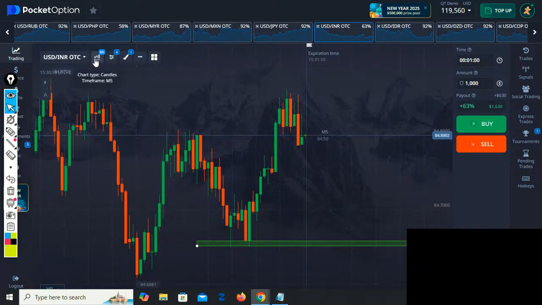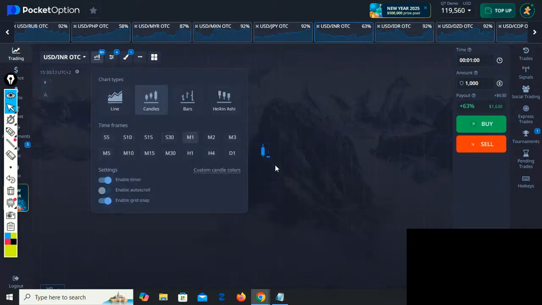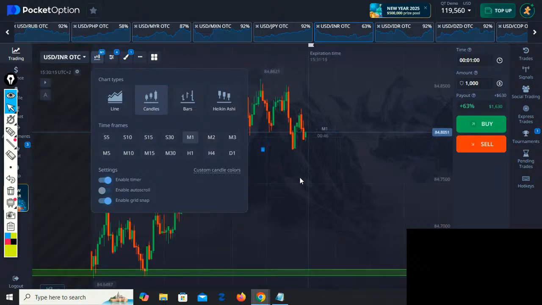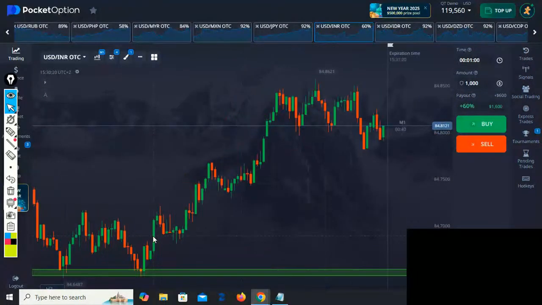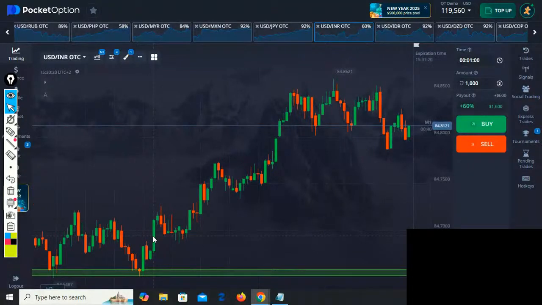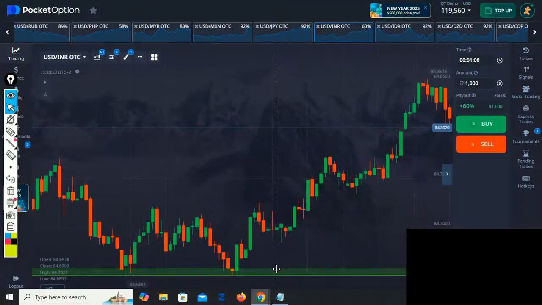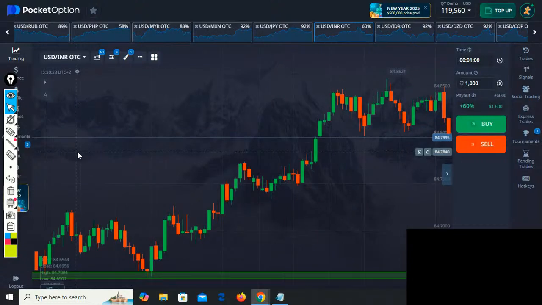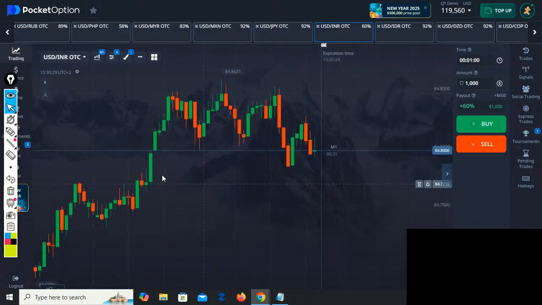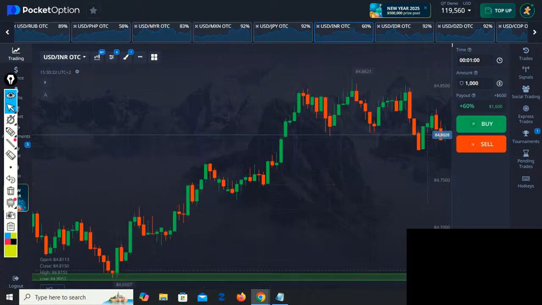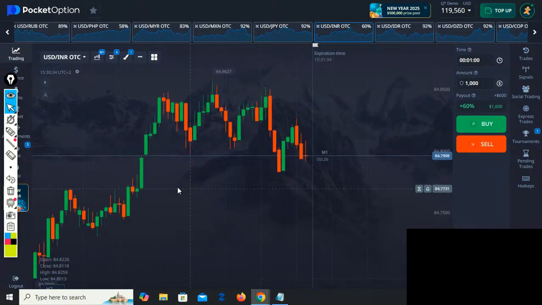You go to the 1 minute time frame to see the fresh area we're looking at. Okay, slightly lower. That's it. So this would be our entry point. Set an alarm and we wait for it.